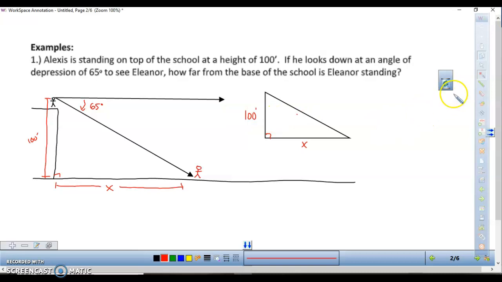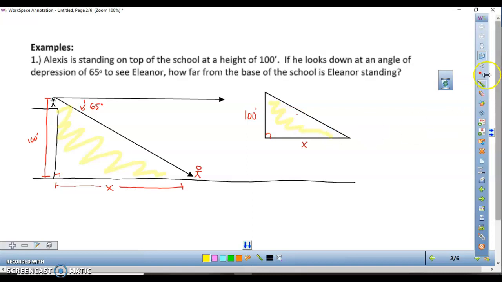Now notice, you guys, that my triangle that I just drew is this, and that 65 degrees is not inside of my triangle. So I'm going to use something we learned in geometry class, and that is alternate interior angles. So you'll notice I'm trying to draw a little Z here.